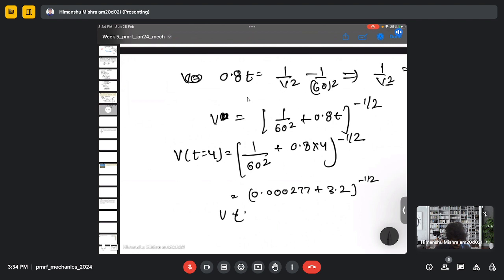So the velocity at time t equals 4 will be 0.5589 meter per second.